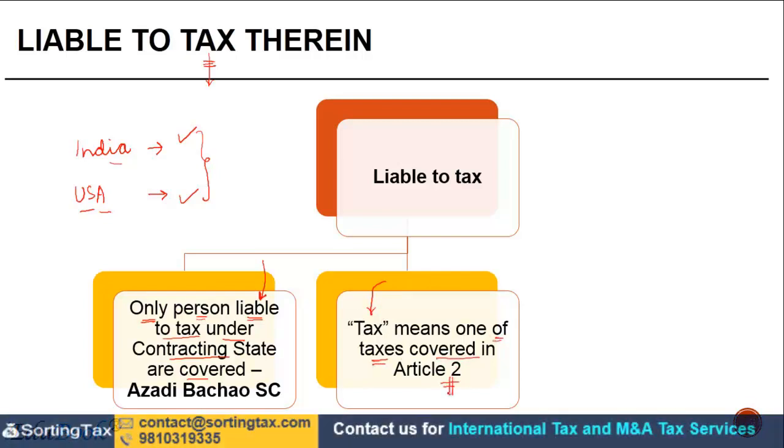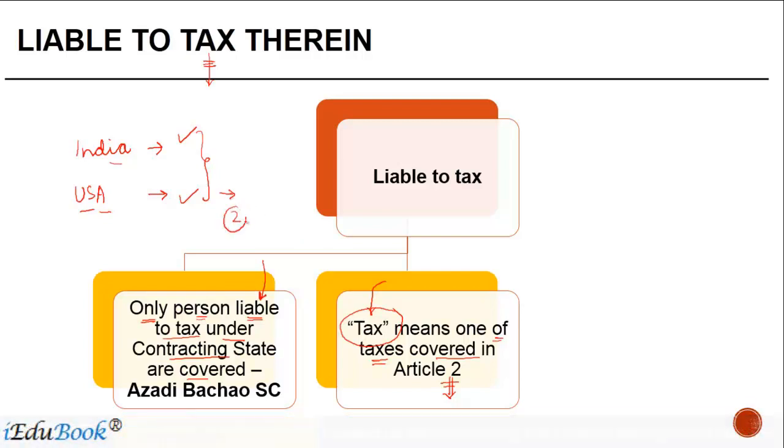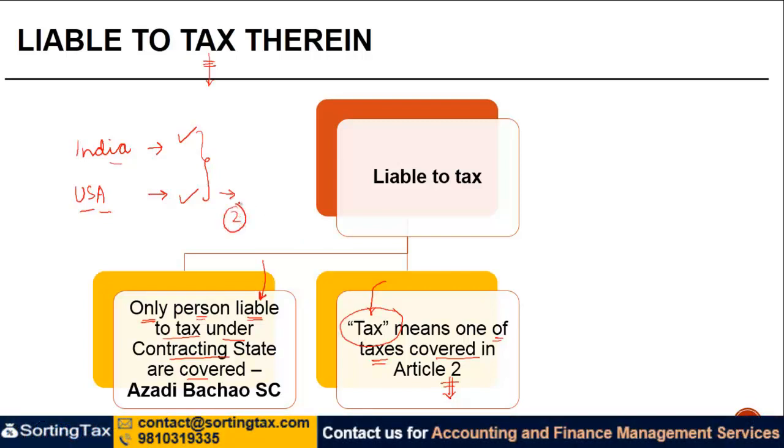We have discussed in detail the meaning of tax in Article 2, but in order to claim the benefit of the treaty, you should be subjected to a tax which is covered in Article 2. If you are subjected to a tax in USA which is not covered in Article 2 of the India-US treaty, then you will not be construed as liable to tax in USA. The tax has to be a tax which is covered in Article 2.